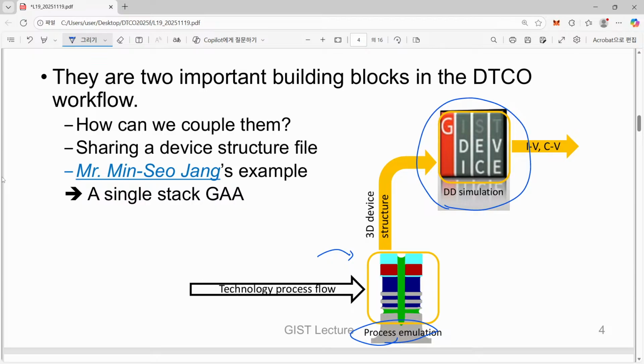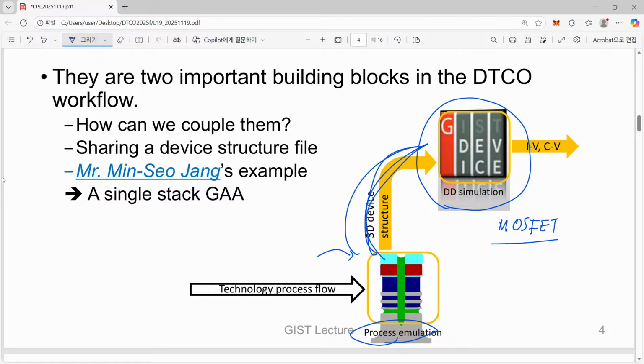Of course, we have already spent 2 previous lecture slots discussing the drift diffusion model. However, that was done for planar MOSFET, a relatively old device. But today we wanted to connect these two tools.